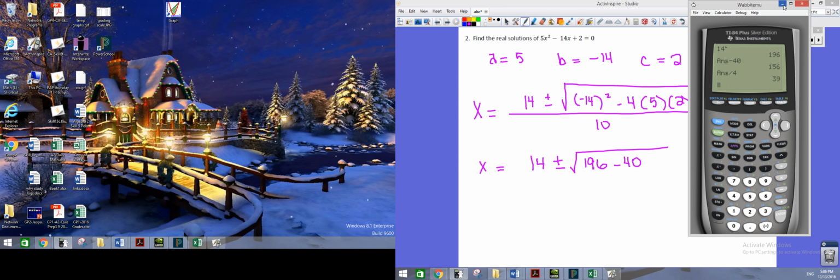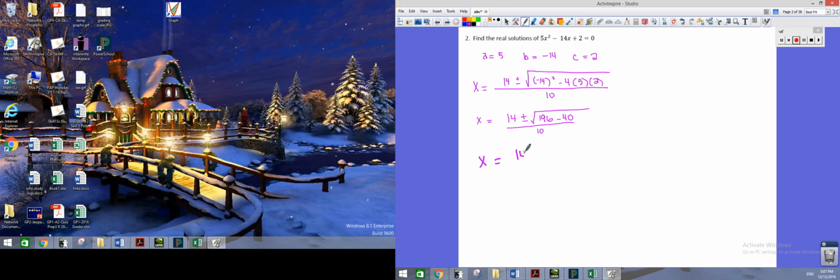We've got the square root of 156. And we saw when I was playing around with the calculator that it was divisible by 4, and that 39 is divisible by 3. So the biggest perfect square that divides 156 is 4.